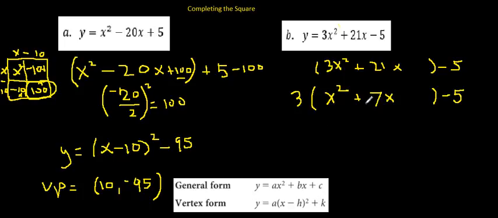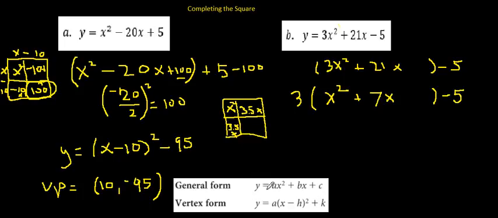But now we want to make this part within the parentheses a perfect trinomial square, and so we can get a box like this. And so the box, just for a visual representation, we know it's going to be x squared here, and then half of 7x is 3.5x, and then 3.5x.